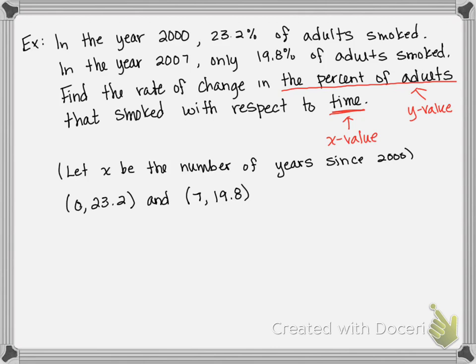So we're going to calculate our slope. M equals 19.8 minus 23.2, over the change in x, which is 7 minus 0.